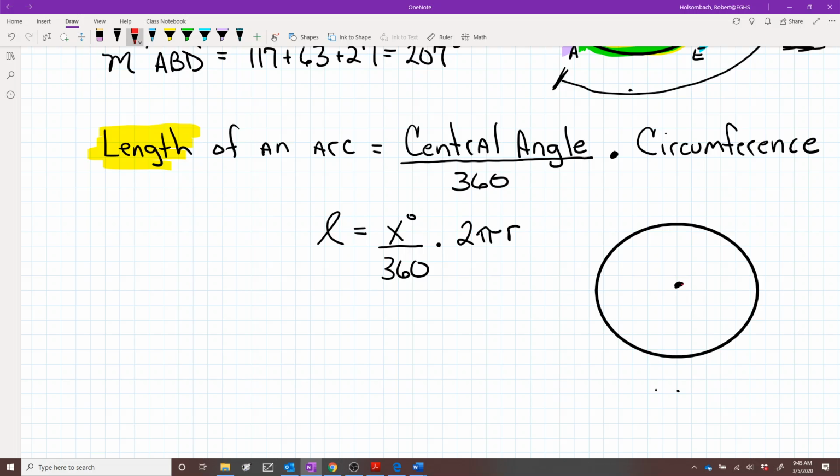If this is the arc length L we're trying to find, it is equal to this angle measure divided by 360 times 2 times pi times the radius of the circle.